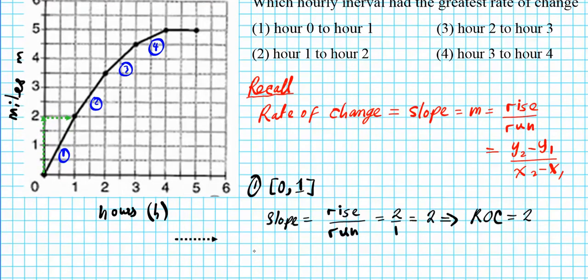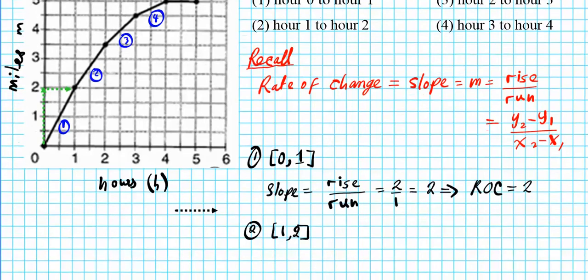Proceed to interval 2, which is from 1 to 2. From 1 to 2, we want to compute the slope. So the slope is going to be rise over run, same formula. Let's put in our slope triangle there again.